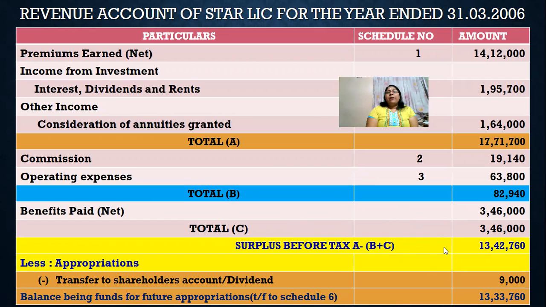Total A has to be compared to the summation of B and C, so I'll get the surplus. As per this problem, there is one appropriation, that is shareholders' dividend of 9,000. Minus it, and then we get the balance as 13,33,760, the balance of funds for future appropriation, usually transferred to schedule number 6 in the balance sheet.